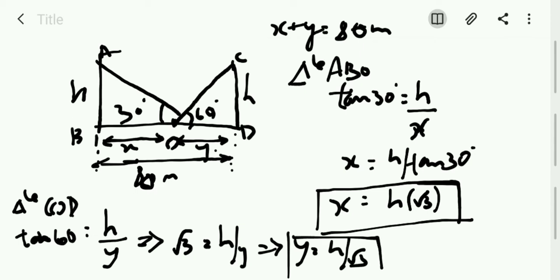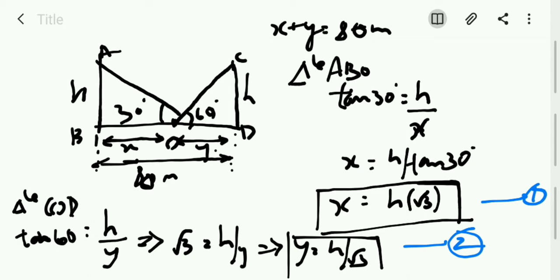Now we have the values for X and Y, which I'll name equations 1 and 2. X is equal to H into root 3 and Y is equal to H by root 3.